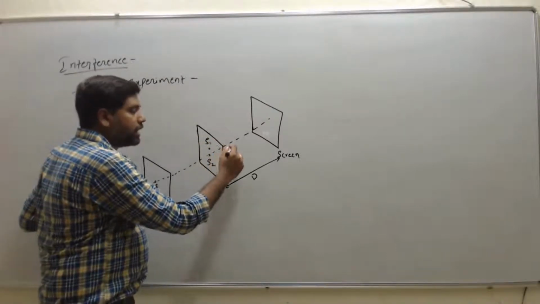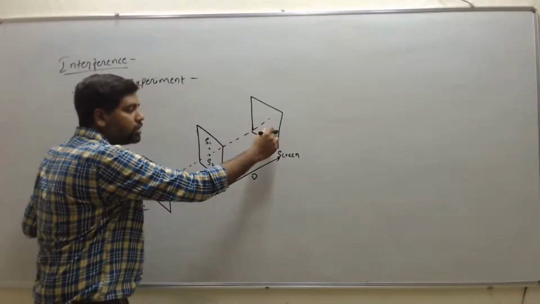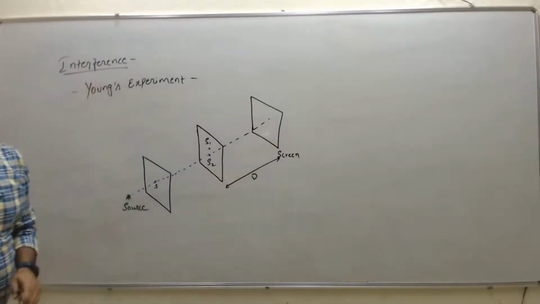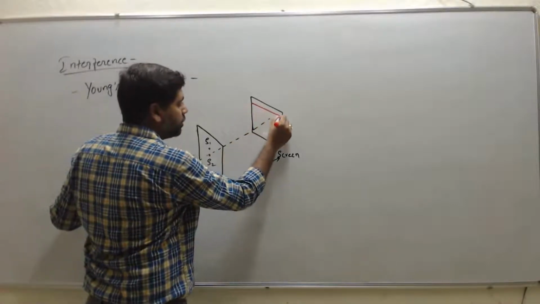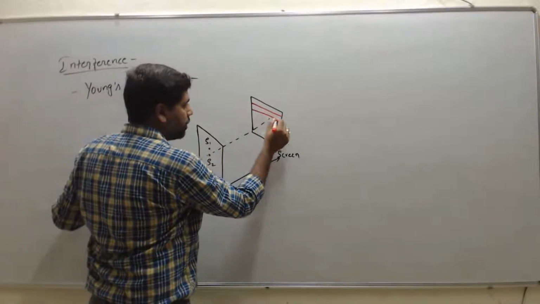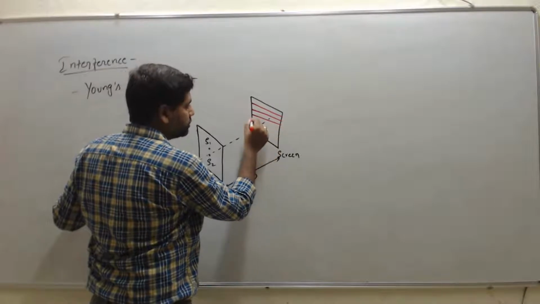These waves interfere and fall onto the screen, right? So here we get the interference pattern.